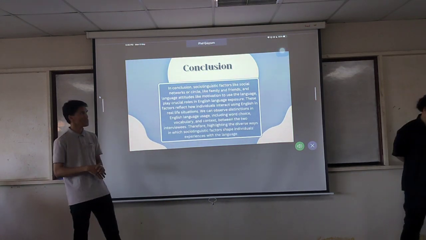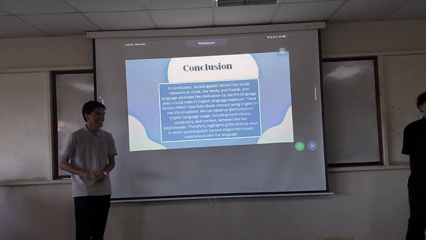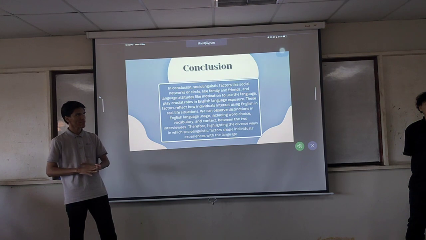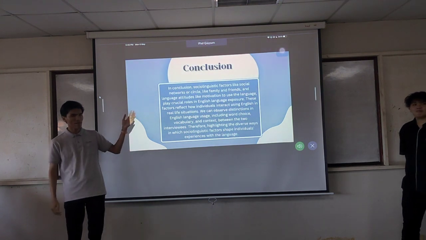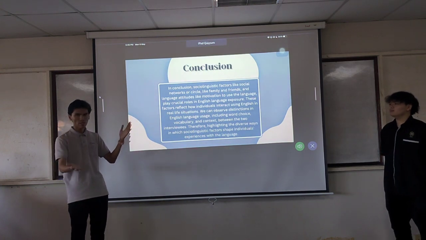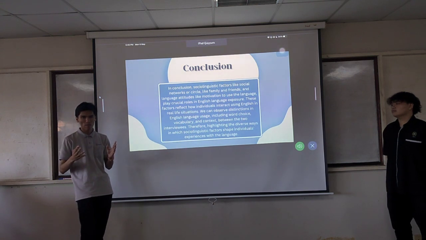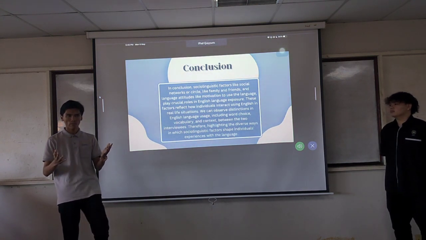Okay, and finally, we move on to the conclusion. In conclusion, from our findings of the interview, we can see that there are various sociolinguistic factors that affect a person's exposure to a language.